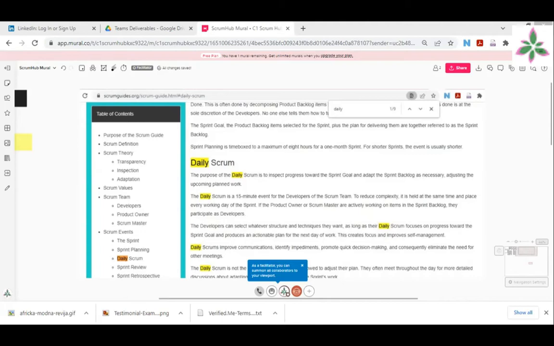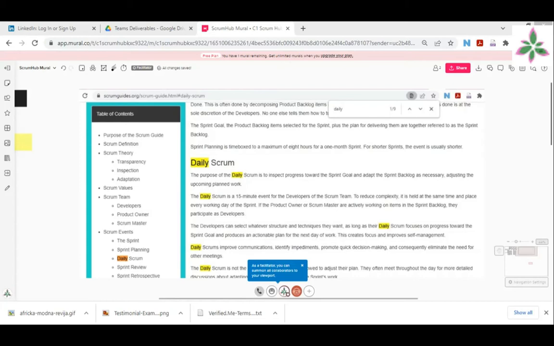The purpose of the daily Scrum is to inspect progress towards the sprint goal and adapt the sprint backlog as necessary, adjusting the upcoming planned work. The daily Scrum is a 15-minute event for the developers of the Scrum team. To reduce complexity, it is held at the same time and place every working day of the sprint.